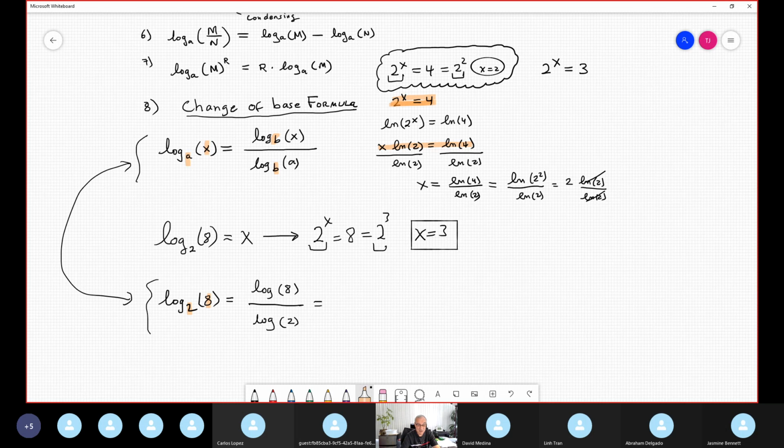In this example it is 10, because I select the common logarithm. And this 8 is x again, and this a is 2. You put this in the calculator and I suppose you get the same answer, right? Let me show you.